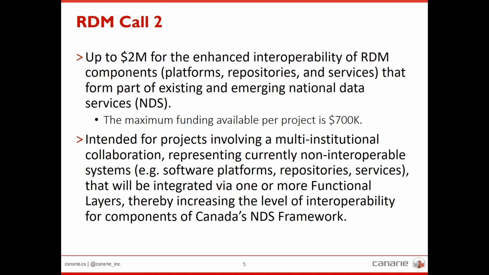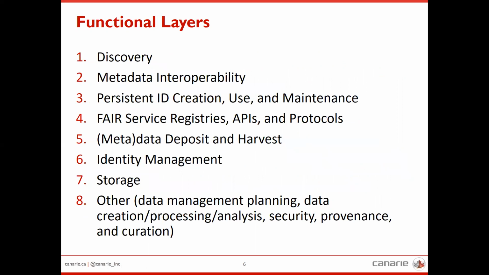And the call is deliberately high level because, of course, as with any call like this, we're looking for the community to propose what they feel is important or what they feel will move the ecosystem forward, and especially in that context of national and interoperable data management services.